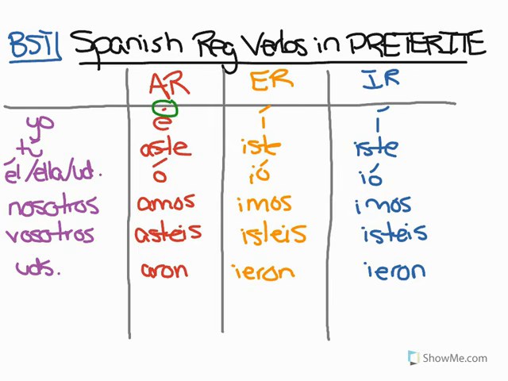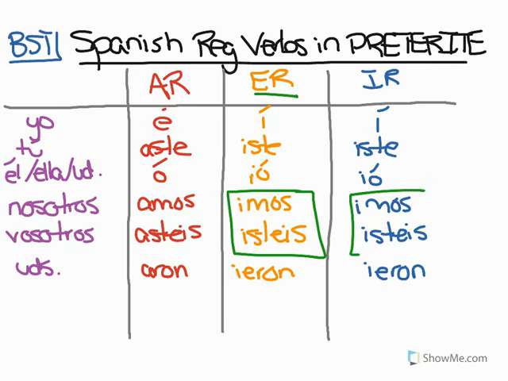First of all, notice that we have accents over all of the yo and él, ella, usted conjugations. And as I kind of pointed out, in the preterite, ER and IR conjugate exactly the same. So even though ER has this E here, it actually goes to imos instead of emos. And its vosotros counterpart is not specific for ER.